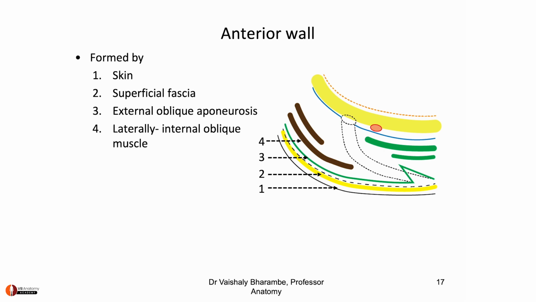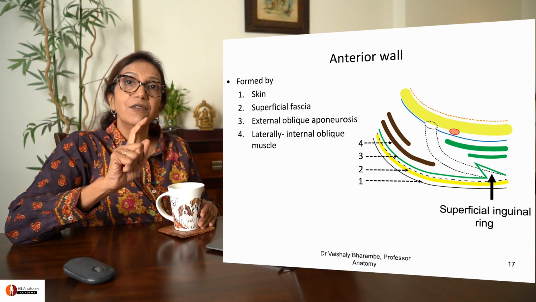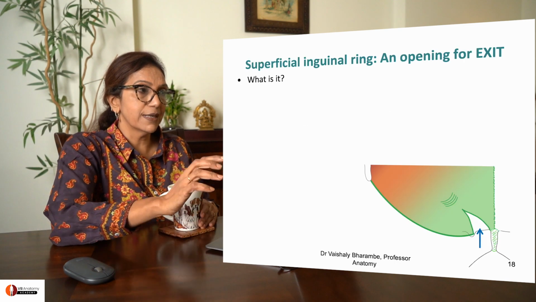Look at the image, understand. 1 skin, 2 superficial fascia, 3 external oblique with a gap in it called superficial inguinal ring, and 4 internal oblique. Take a look, 1, 2, 3 and a little bit of internal oblique are forming the anterior wall. Okay, so your anterior wall is formed. But there is a gap in it called superficial inguinal ring, which is something we need to discuss.